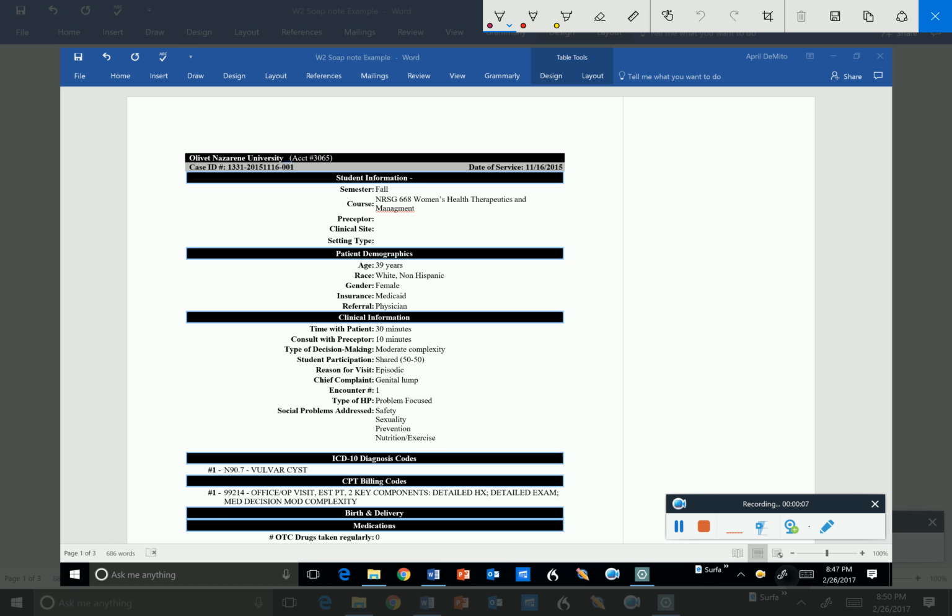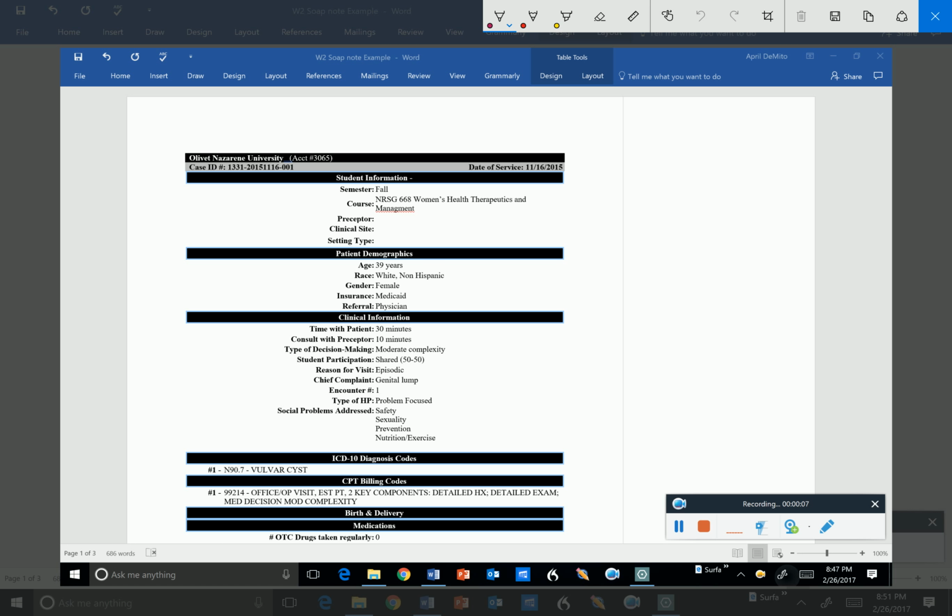That visit may cost $89. A 99214 might be $110. A 99215 might be $200. So the fee is directly associated to the code. So if it's appropriate, not a problem. I want you to document and bill appropriately. But if it isn't, then we could get in trouble.